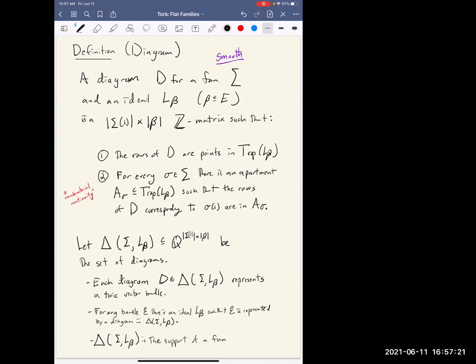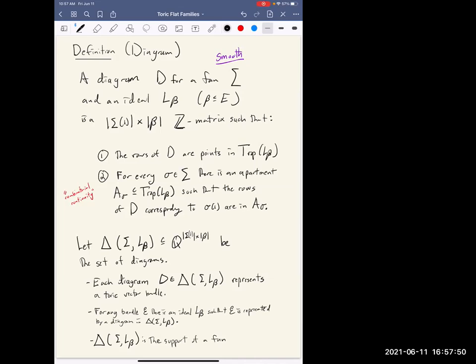It's not hard to show that such a diagram yields Klyachko data, and so it represents a toric vector bundle. We also show that for any toric vector bundle, you can find a spanning set, in fact many, where the corresponding toric vector bundle is represented by the diagram.